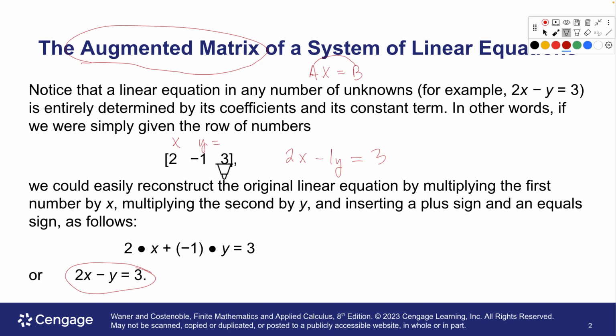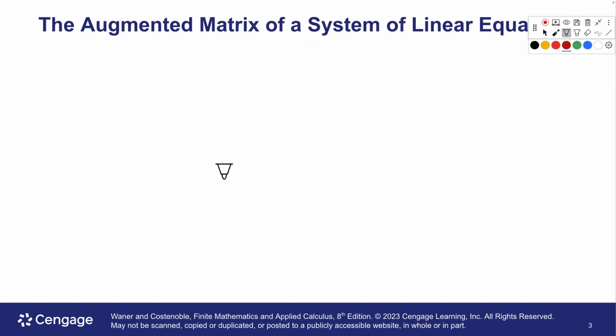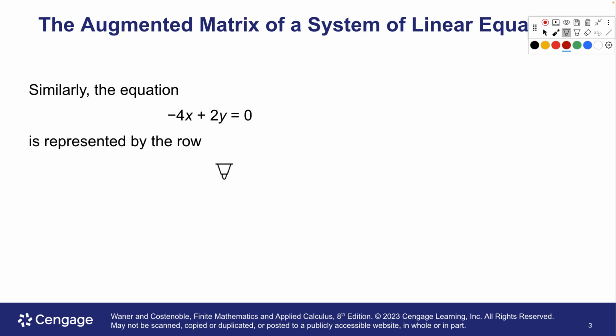Let's take a look at another example. So we have just this as a matrix. We can have the row -4, 2, 0. Okay, so just the coefficient of x, coefficient of y, with what the equation is equal to.